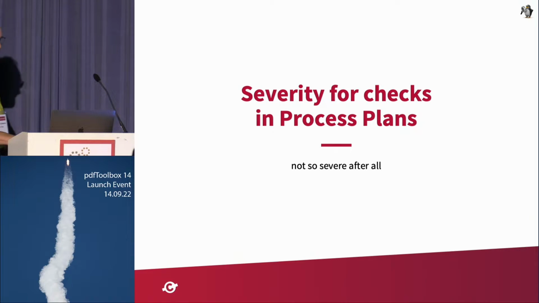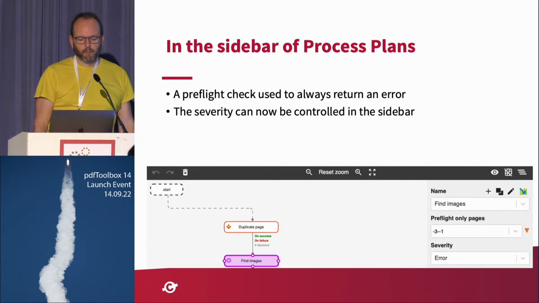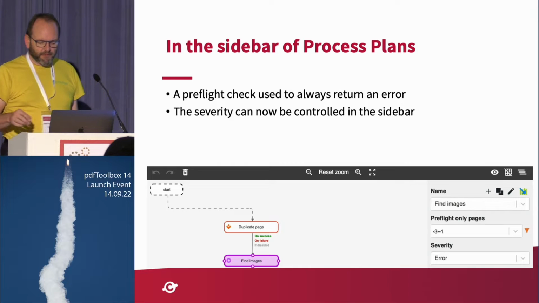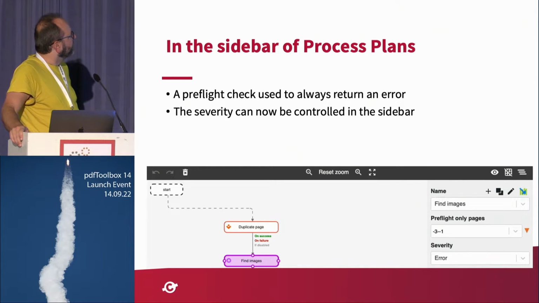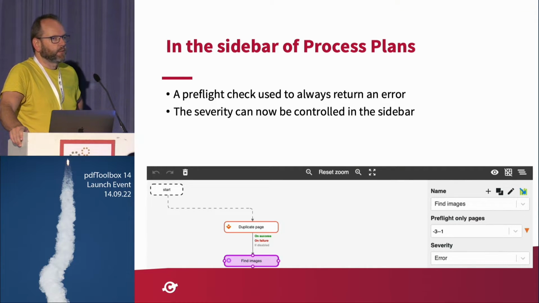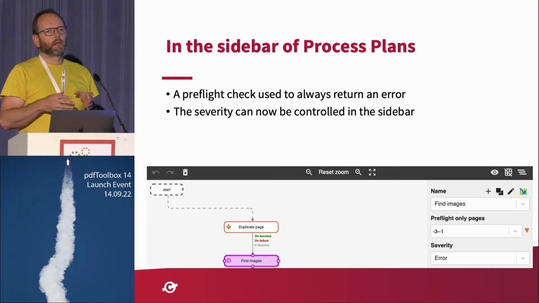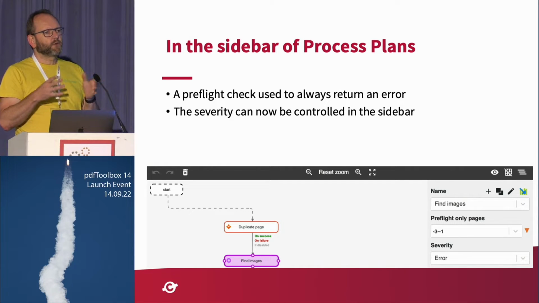Quick changes? Yes, this was an easy one because I could just use the same screenshot, which is always appreciated. So another thing that was a limitation in process plans is that when you create a check and you run a check by itself, and it creates a hit, it's always an error.